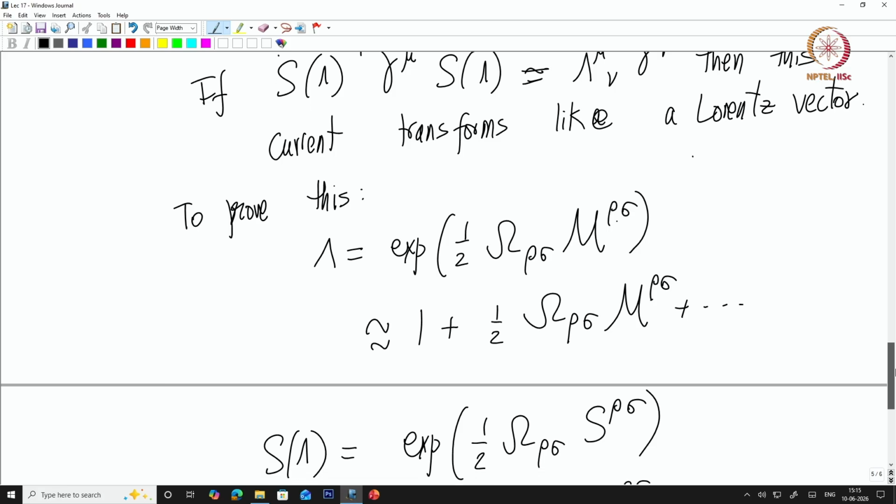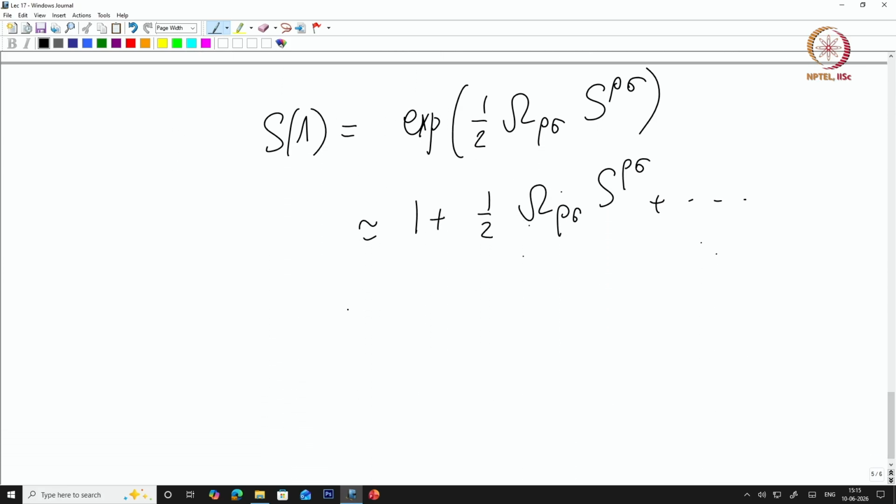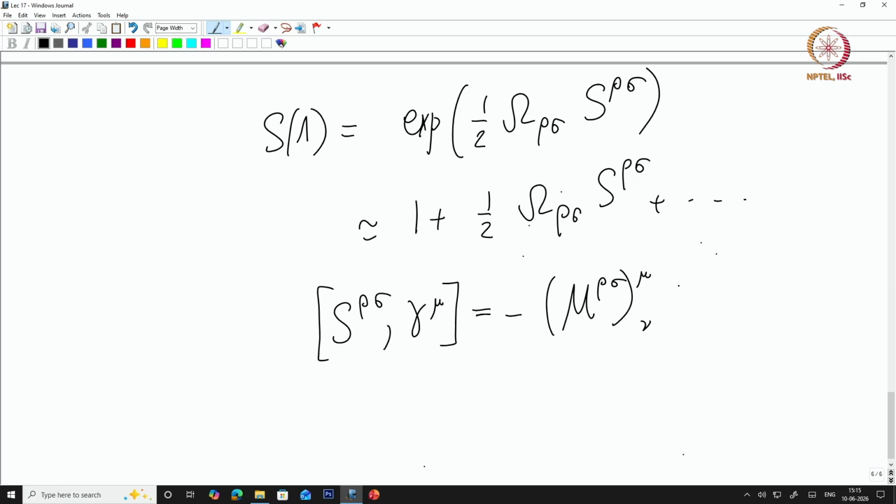Then you will see this requirement just becomes the commutator of S rho sigma with gamma mu is equal to minus M rho sigma mu nu gamma nu, and we can show that this ends up being M nu rho sigma.